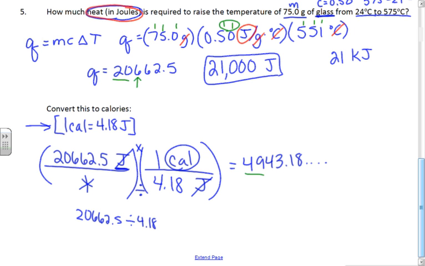So we have the 4 and the 9. We look at the 4 that's beyond that to see if it rounds up. The 4 does not make the 9 round up, so it stays a 4 and a 9. And because that 4 was in the thousand spot, we have to put 2 zeros there. And that makes sense. 4,943 would round to 4,900. And be sure we put our units at the end. That would be calories.